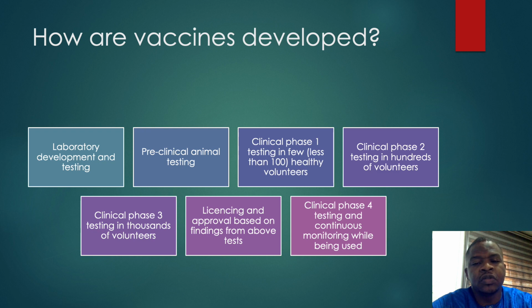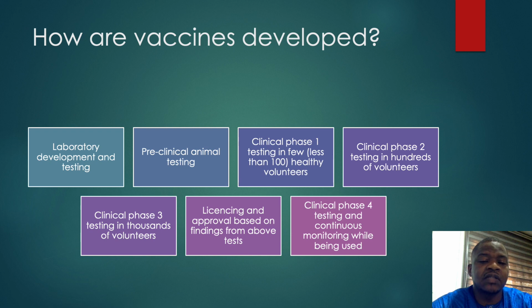Then you move on to clinical phase 3, when you're testing thousands of volunteers and you begin to talk about the medium to long-term effects and the effectiveness of the vaccine, and also continue to check the safety profile in various population types.